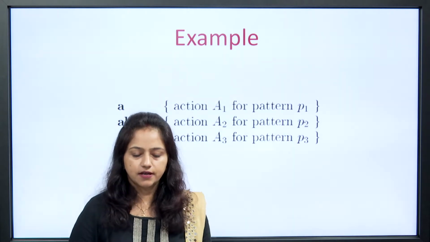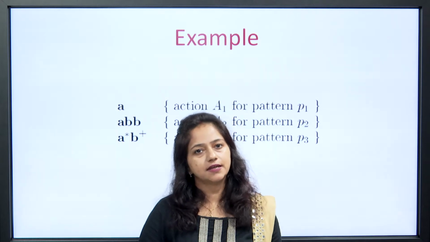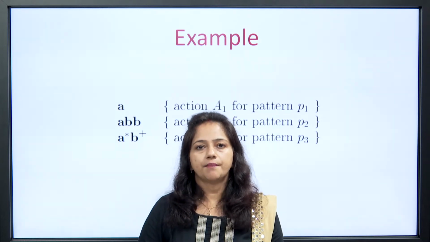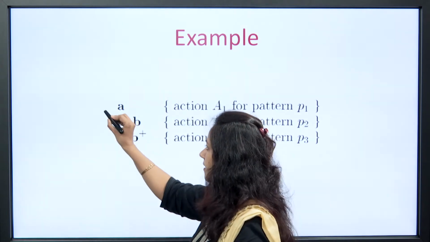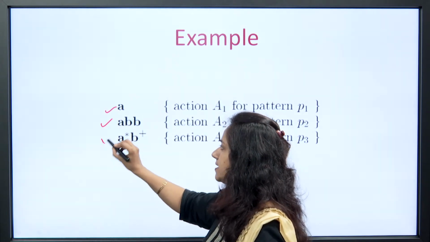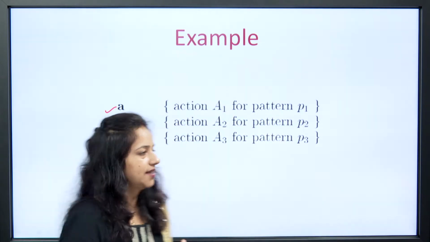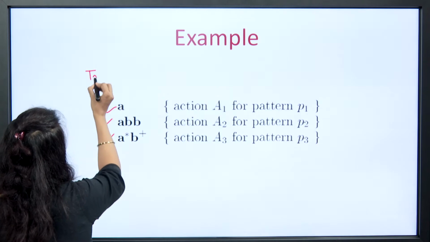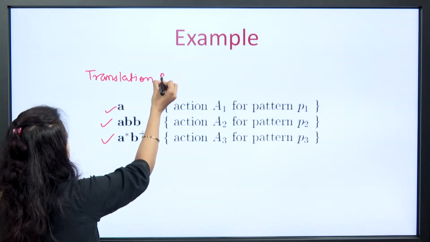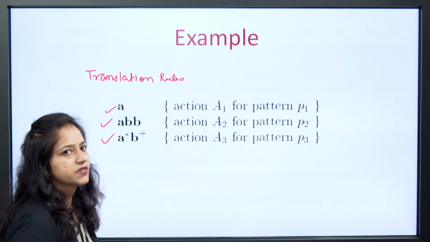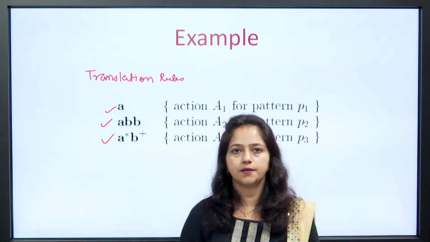Now, here we discuss one example to understand the implementation of the lexical analyzer. In this example we are taking only 3 patterns. The patterns are a, abb and a star b plus. So, basically we are focusing on the second section, that is the translation rules, of the Lex specification. Above it we will have the declaration section and below it the auxiliary procedures.